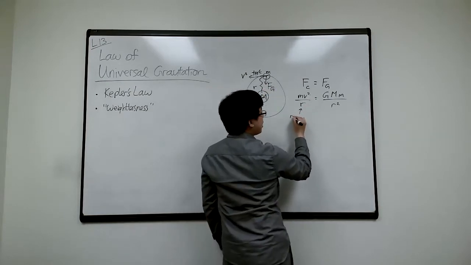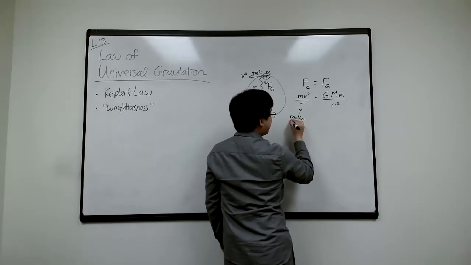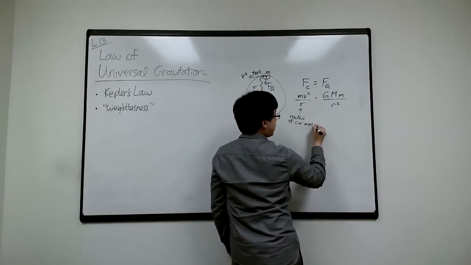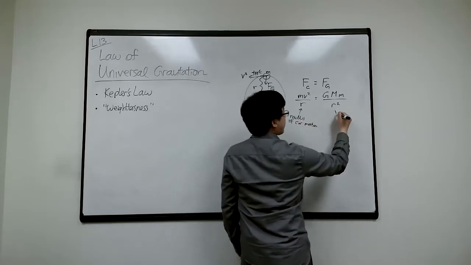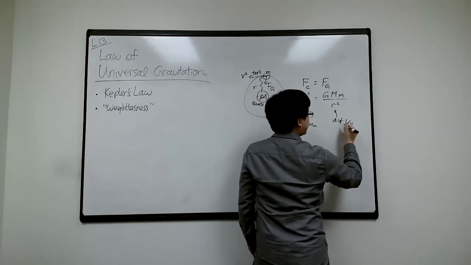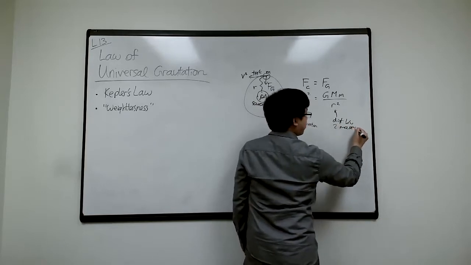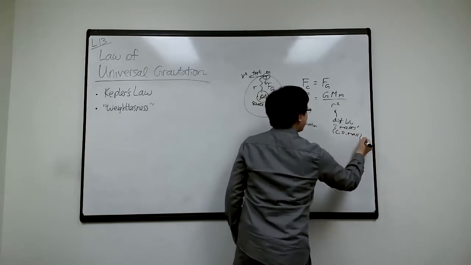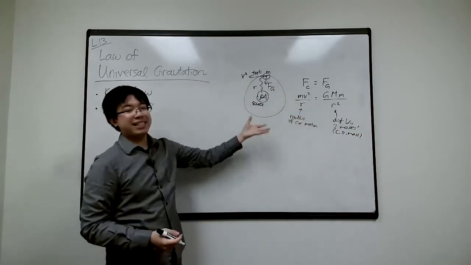This tells you the radius of the circular motion, and what you're supposed to put here is the distance between the two masses, center of mass to center of mass. It just happens in this case they're the same.